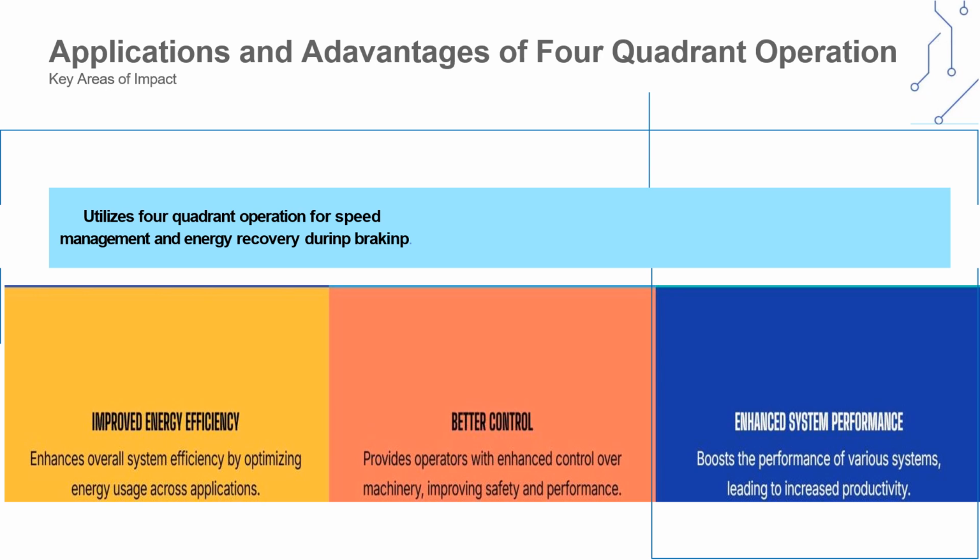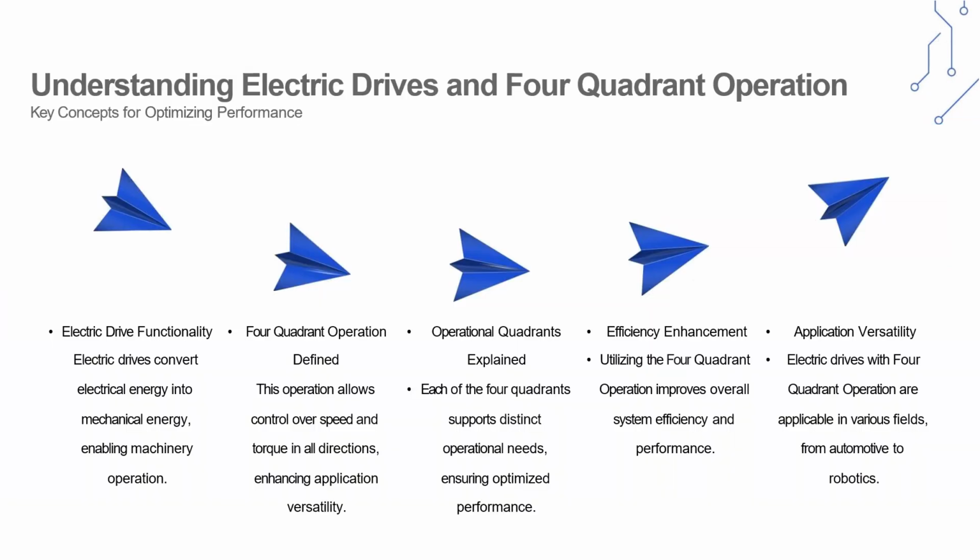The most important part is that the dynamics of electric drives and four-quadrant operation is not just academic, but practical. It helps engineers design more efficient systems, reduce energy consumption, and improve the performance of machines. Whether you are working on an electric vehicle, a robotic arm, or a wind turbine, these concepts are fundamental.